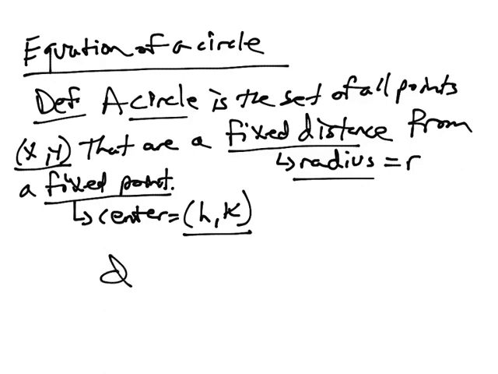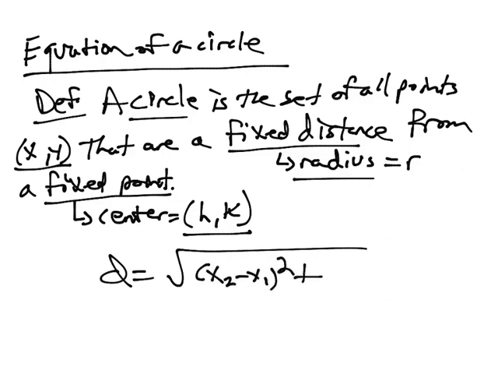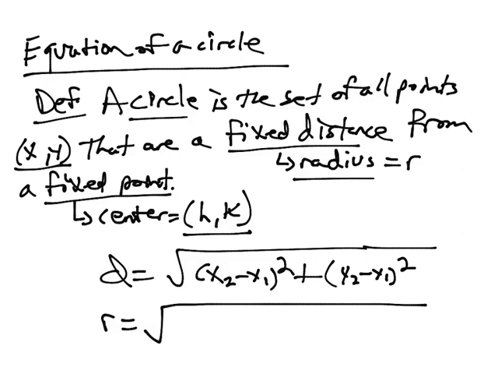So if you look at your distance formula, which is d equals the square root of x2 minus x1 quantity squared plus y2 minus y1 quantity squared, if we plug in our players, the distance in the circle is called r. The difference in my x-coordinates is going to be x minus h quantity squared plus y minus k quantity squared.